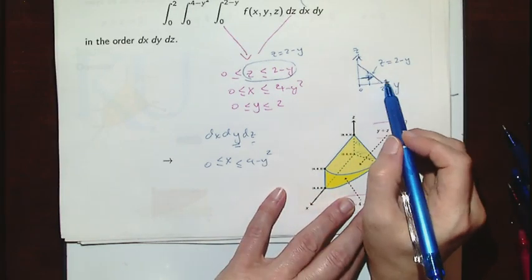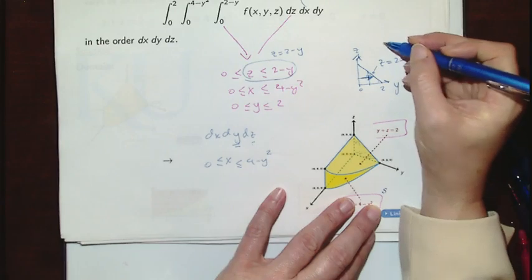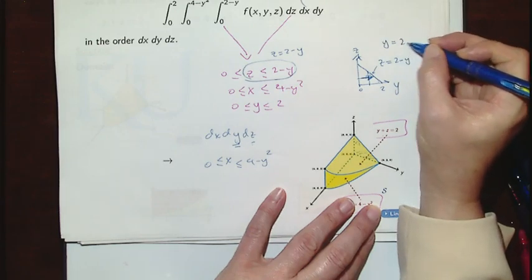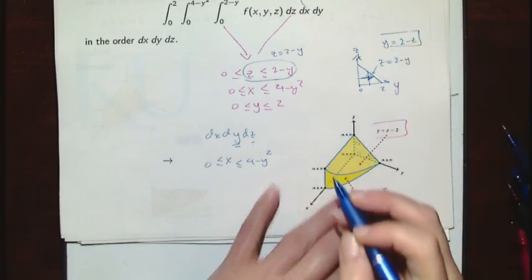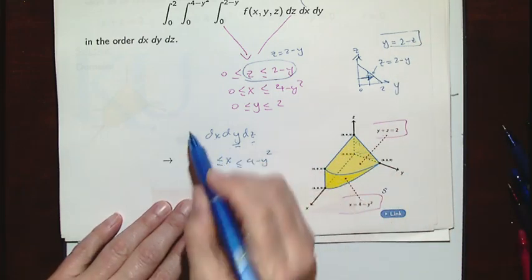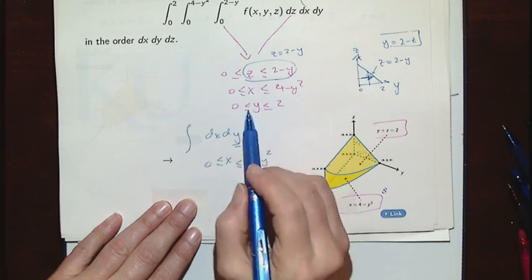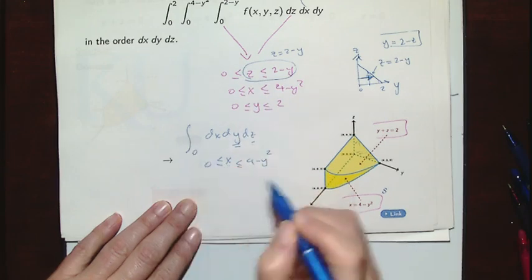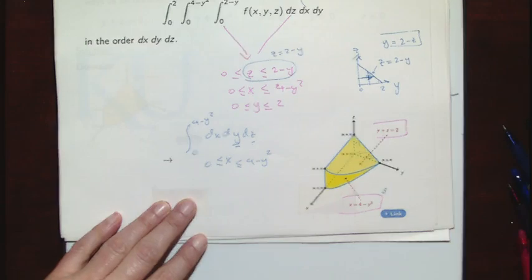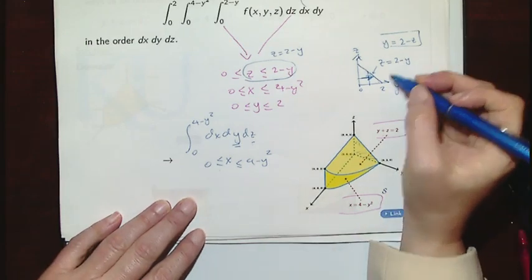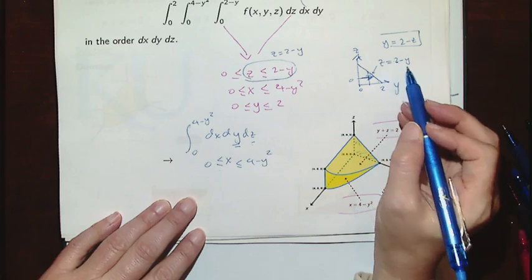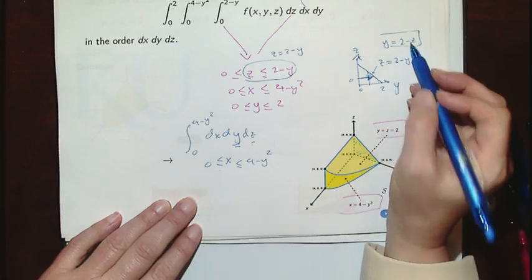So now solve for y. Y is equal to 2 minus z. So that is going to go in here. I forgot to put in dx. Dx goes from 0 to 4 minus y squared. Now y goes from 0 to 2 minus z.